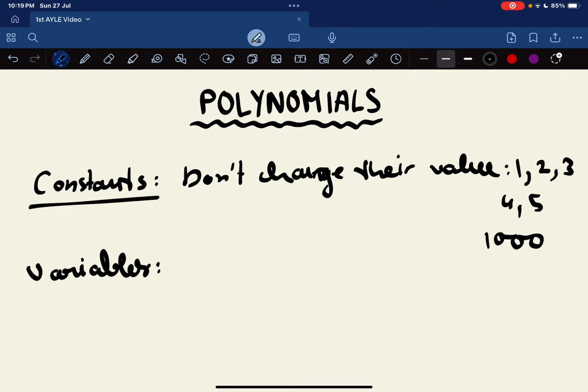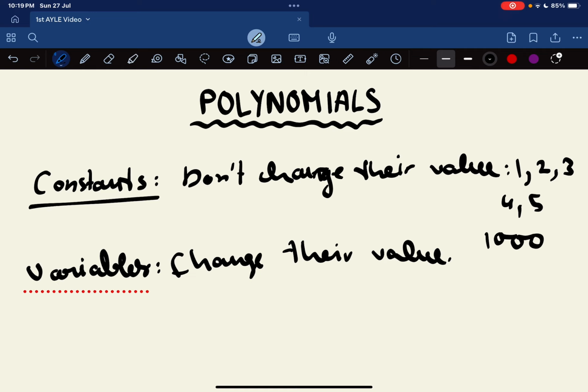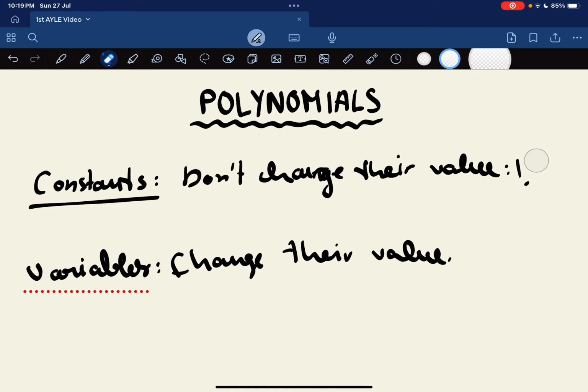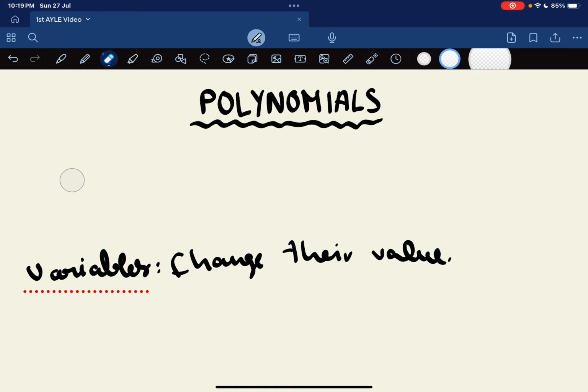Now, the next terminology that we're going to look at is variables. Variables are the opposite of constants. They can change their value. Can you think of something that changes its value?